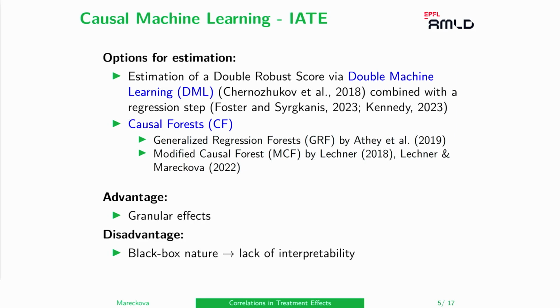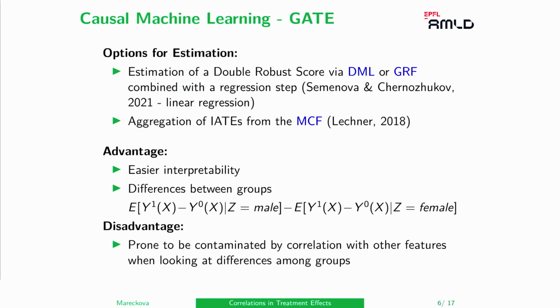The disadvantage is this black box nature. It works in a way that, please give me your X, and I'm going to give you your value, be it positive, 0, or negative. But it doesn't really help us understand why this value is positive, 0, or negative. That's why shifting the focus to these group average treatment effects might help.